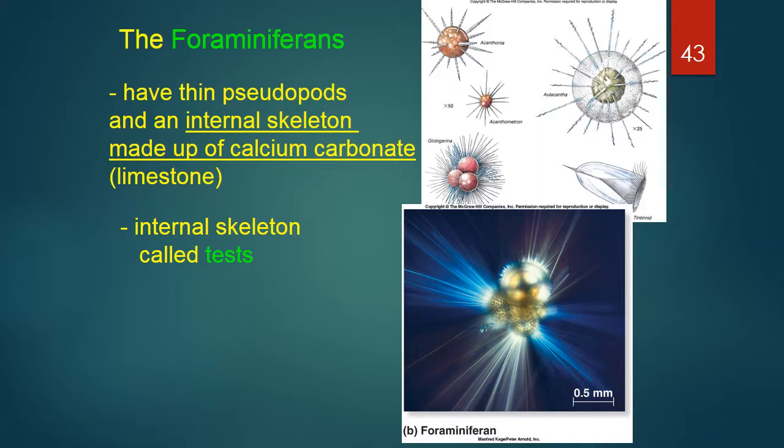That's the difference between these two groups. Again, they're very ornate, similar to diatoms in that sense. So in the lab, you want to be able to tell the difference between radiolarians and foraminiferans versus diatoms. Remember, diatoms have those two halves to their tests or their shells. Okay?